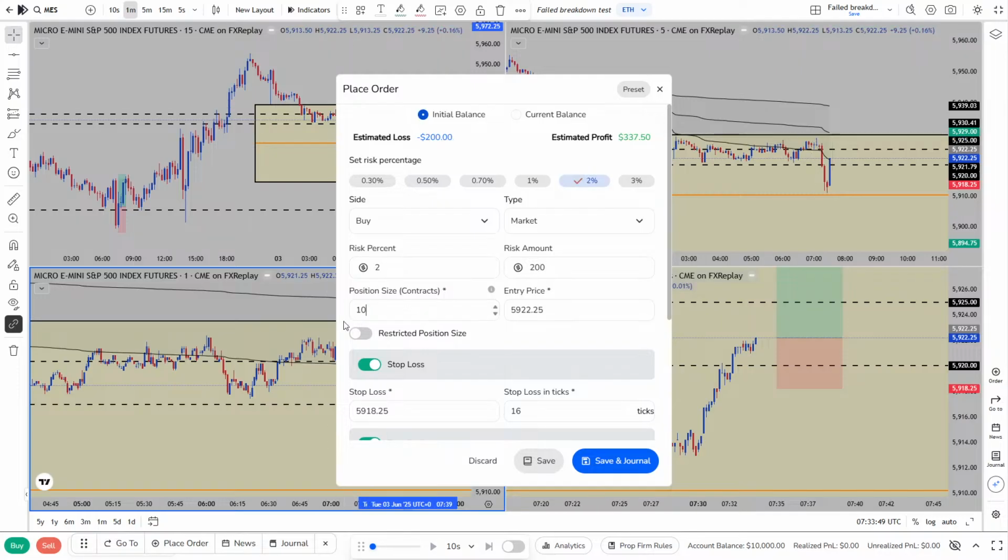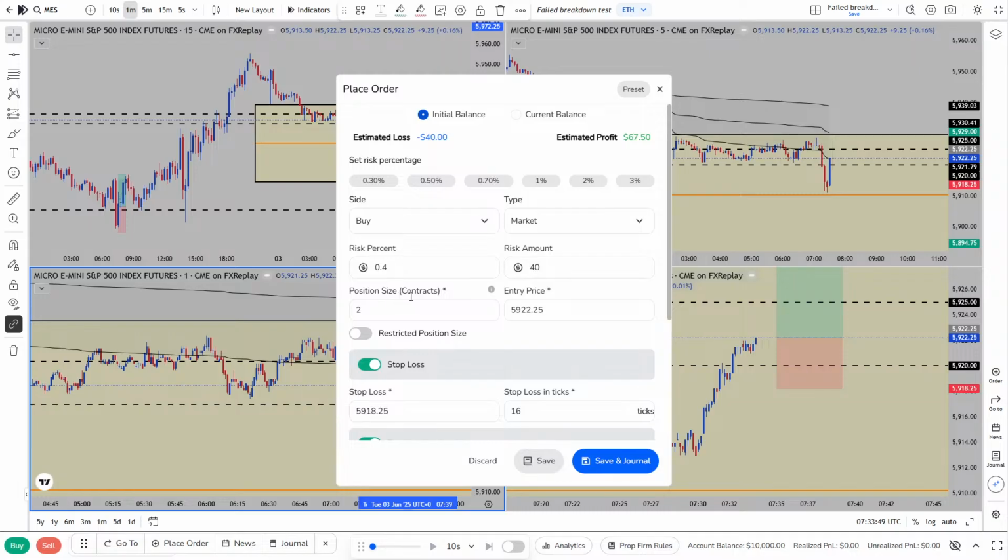Here it tells me that with this tight stop loss, I can actually place 10 position contracts for the risk amount of 200. But actually my risk amount is $20. So yeah, it should be one. So if I make it $40, it should be two. Okay.